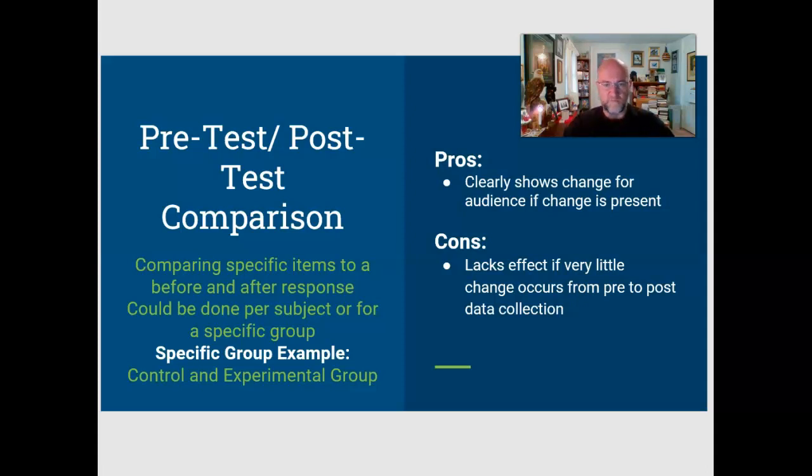It obviously will show the change for the audience if you actually found one. The problem is it lacks effect if very little change actually occurred. So if it's so minute, this becomes a problem. But you could obviously describe that to the reader. So that's number 4.